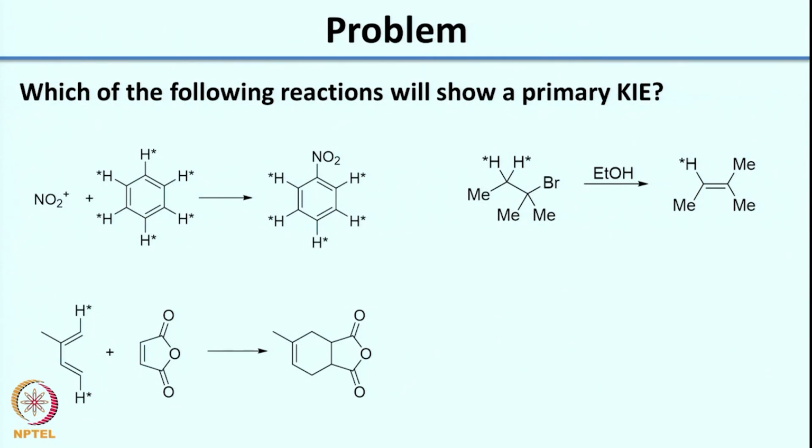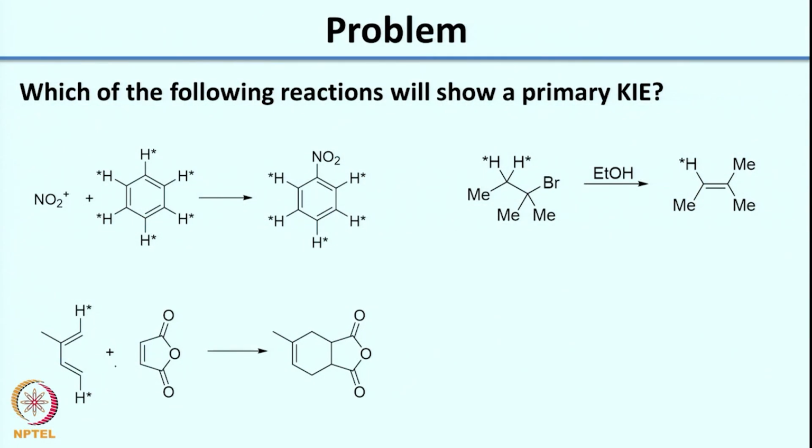So for each reaction, write the mechanism on a piece of paper and work out whether they will show a primary kinetic isotope effect. You can press the pause button and work this out on a sheet of paper. So let us try working these out.